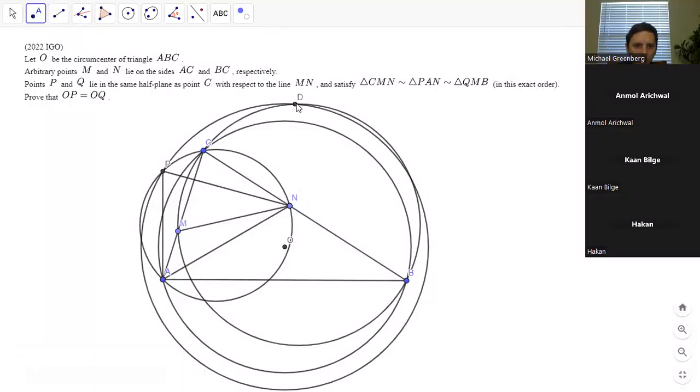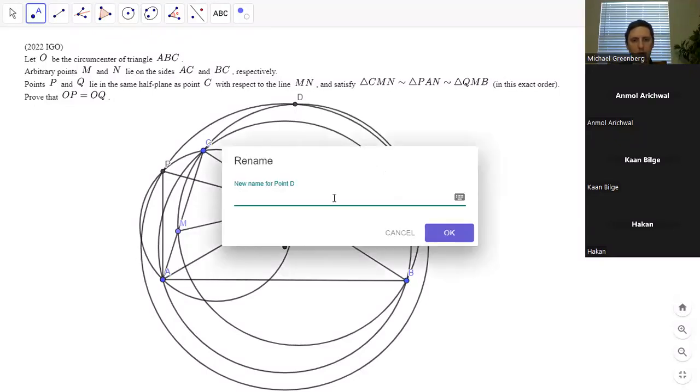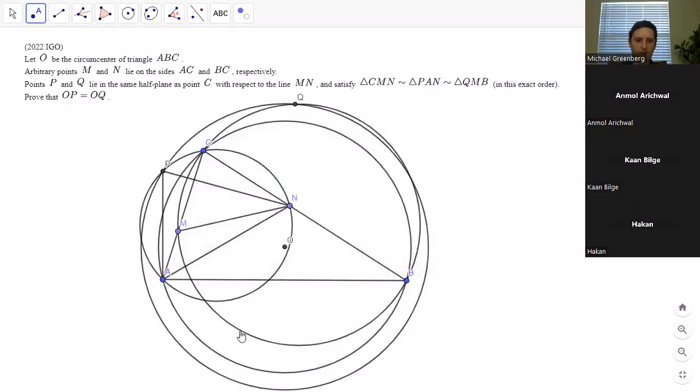It's this point. So then QMB. Is that right? Yes.